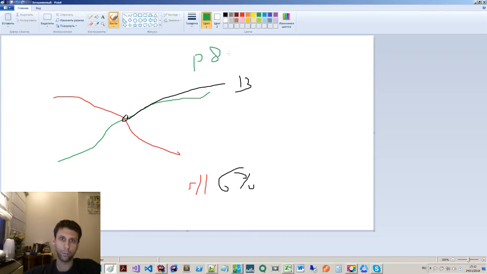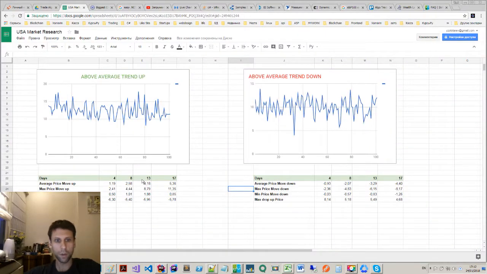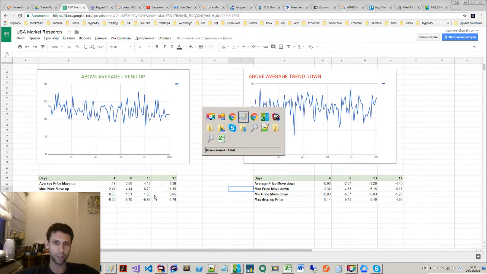That makes sense, doesn't it? If we look at the data, we wait 13 bars. If we lose, we lose 6%. If we win, we might win even something like 8. The minimum that we might win is around 2%, and the average is like 4. That suits me, so why don't we just go for it and see what that gives us?